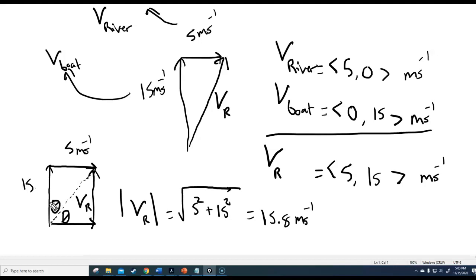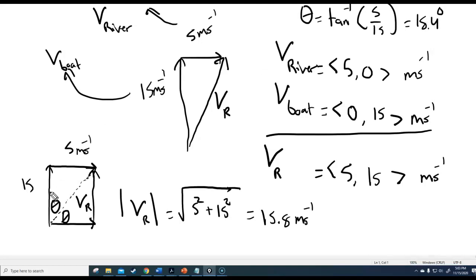So let's find this top angle up here. I would say theta equals the inverse tangent. I'm using tangent because the 5 is opposite to this angle and the 15 is adjacent to this angle. I'm using inverse tangent because I want to find what angle that is. So the inverse tangent of 5 over 15, and I type that into my calculator, and I get 18.4 degrees.